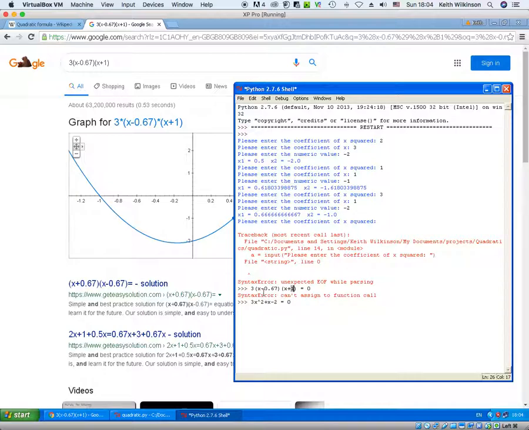But the signs of the roots are opposite, and we can see why it's going to be a root. Let's put this back in. So this one, 3 minus 0.67, and this one is easier to see, x plus 1 equals 0.